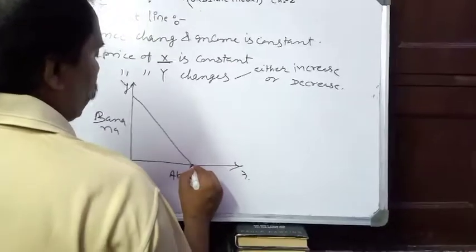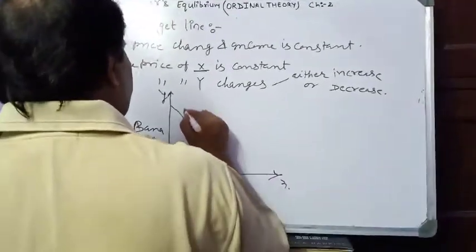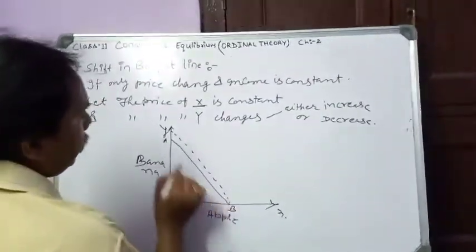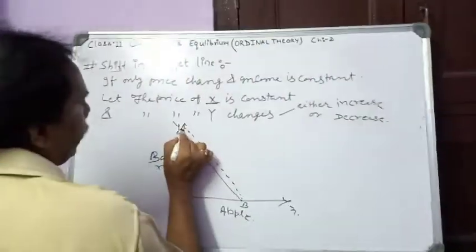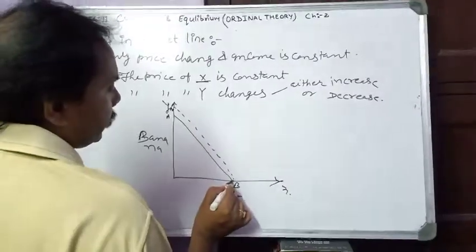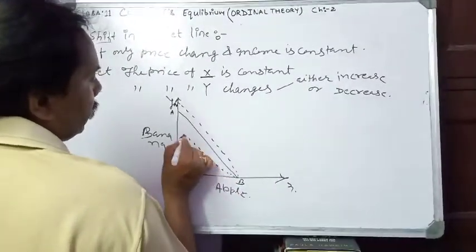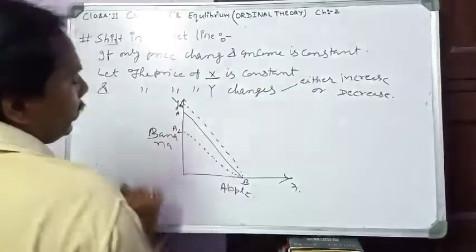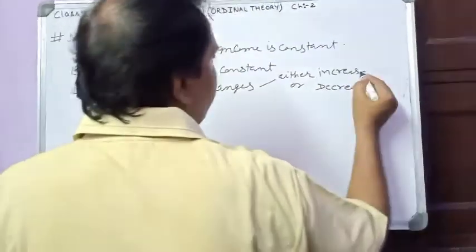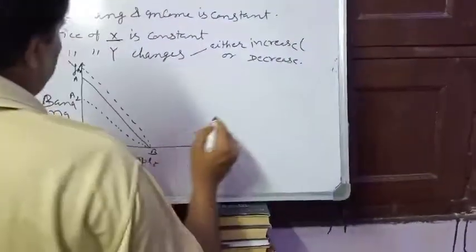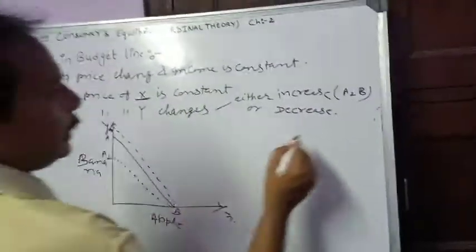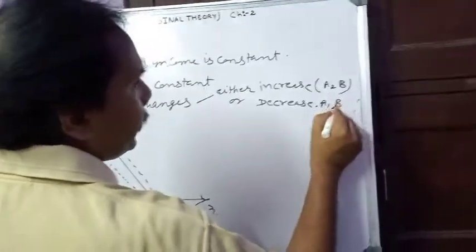So from the same amount he is able to buy more quantity of banana. So suppose AB is a budget line, so it will become A1 B. And if the price of the commodity has increased, he is able to buy less banana, so the new budget will be A to B. So price increase means A to B, and if the price decreases it means A1 B.